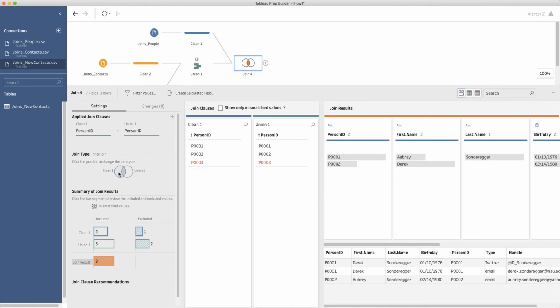Now if I were to go and click on this, this would say to include rows that occur in data set 1, regardless of whether or not they occur in data set 2. So this will include all the rows in your first data set. So now what we have is in my first data set, I've got Casey and his information in here because he was in the people table, but he doesn't have any contact information.